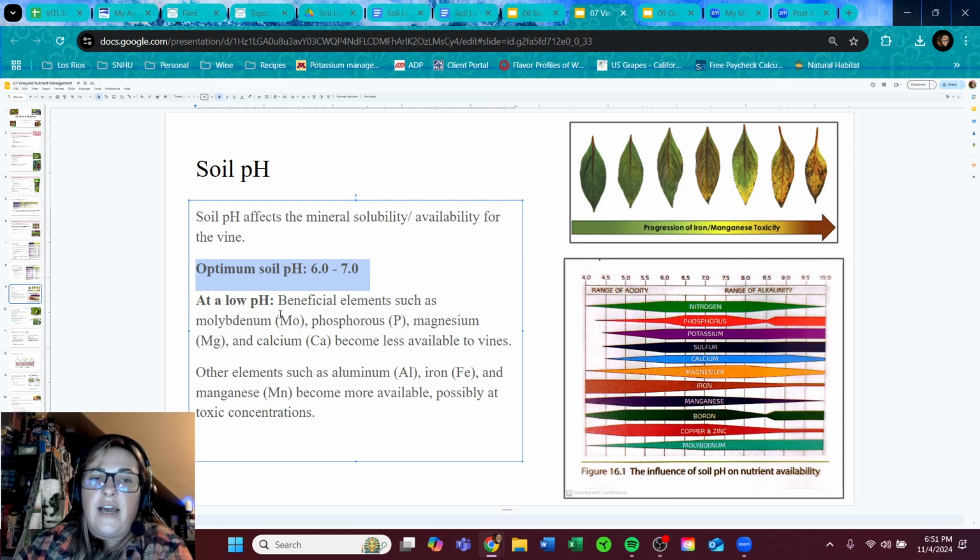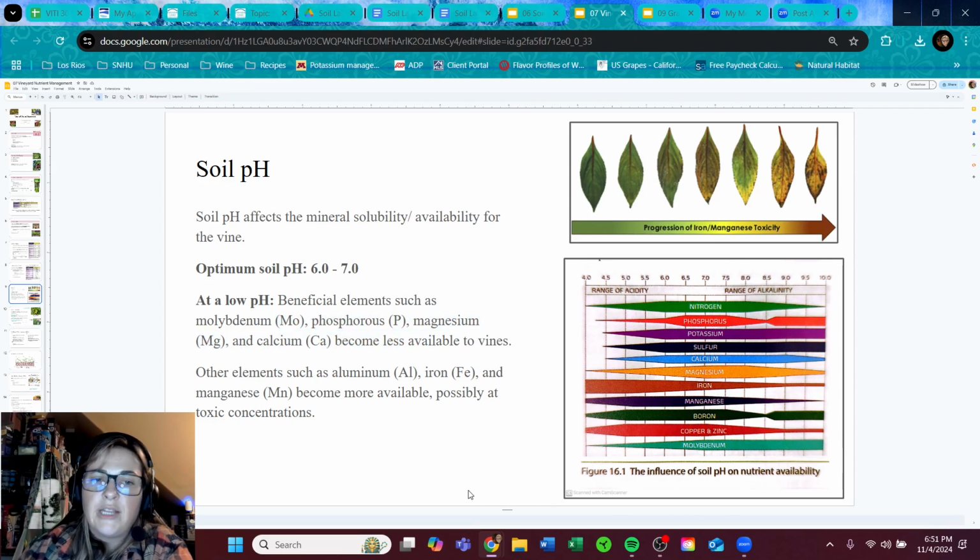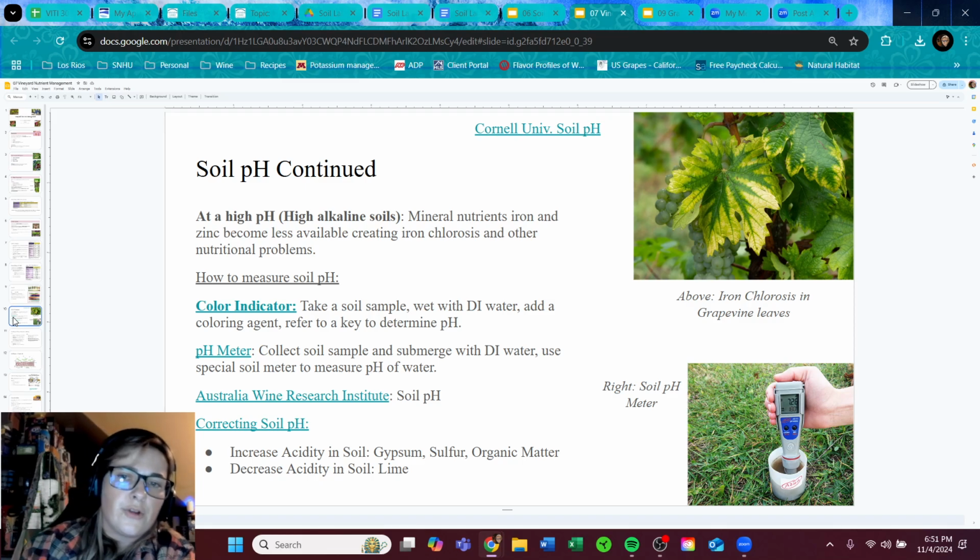I'm not going to ask you to memorize what's available at what range, but just being able to give me the big picture of like, yeah, some are more or less soluble depending on the pH, and there's a specific range that is the most healthy and beneficial where all of them are utilized for the plant. So that'd be the answer that I'd be looking for.